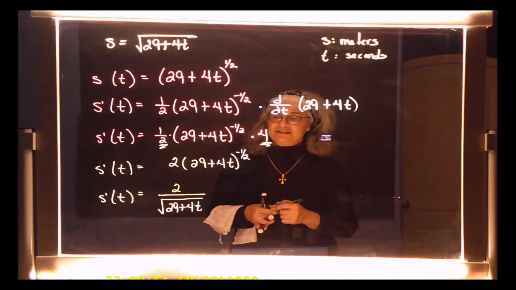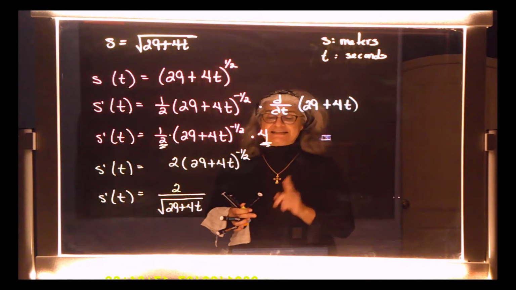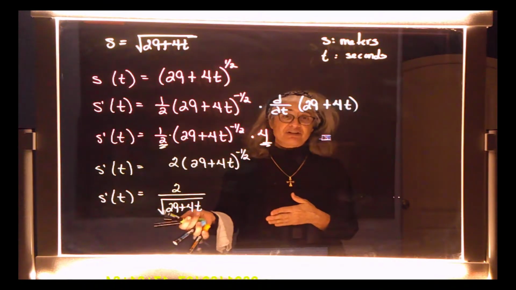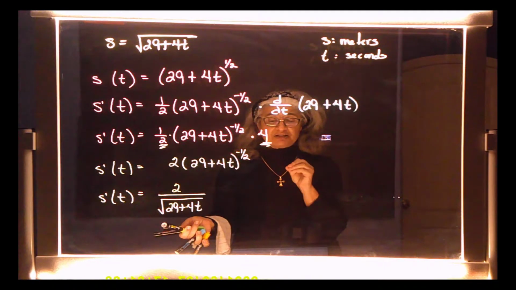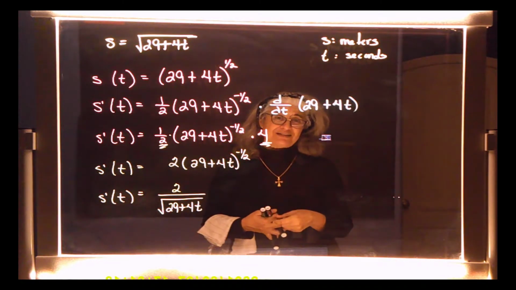Excellent. Good. Got it? Okay, now, it didn't just say find the rate of change, which we did. This is the generic rate of change. But it was very specific. It said find the rate of change of this particle's position at t equals 5 seconds.